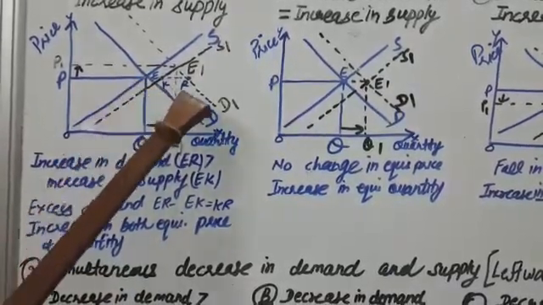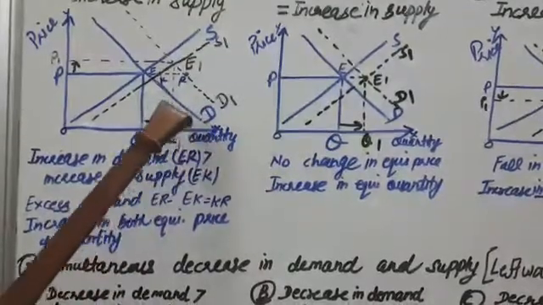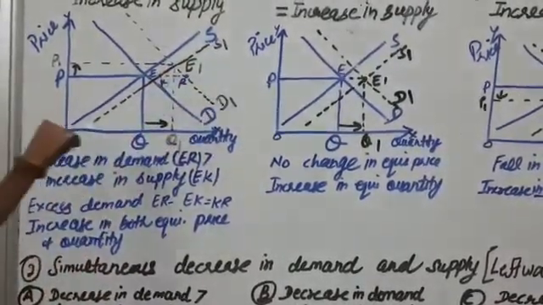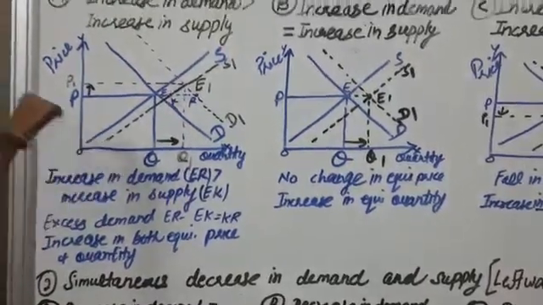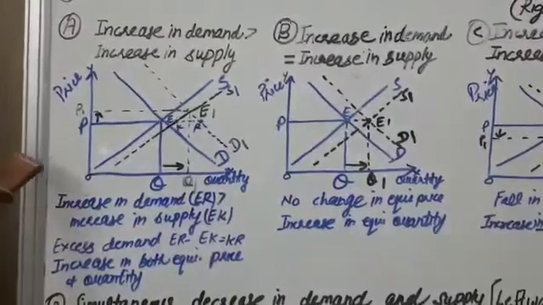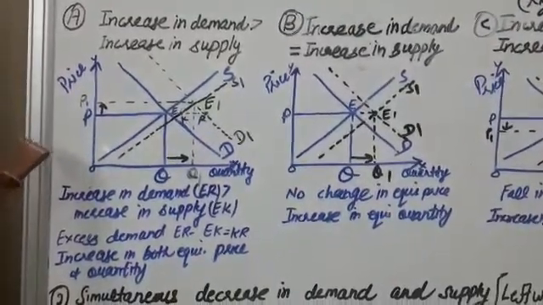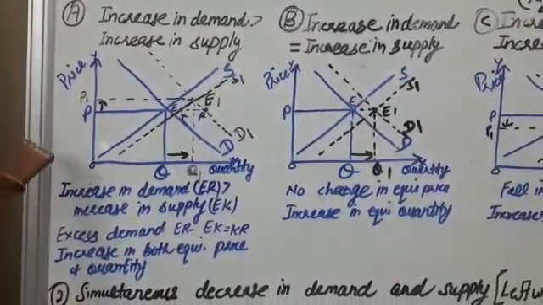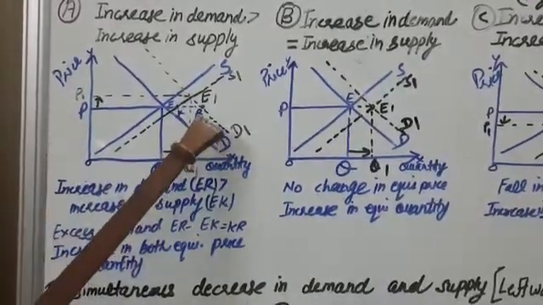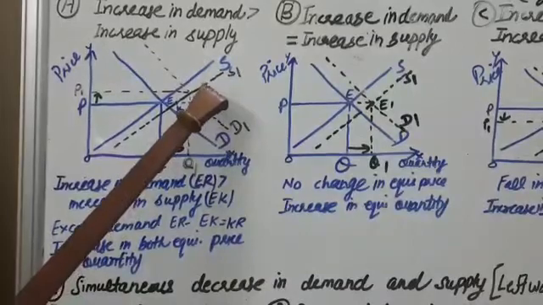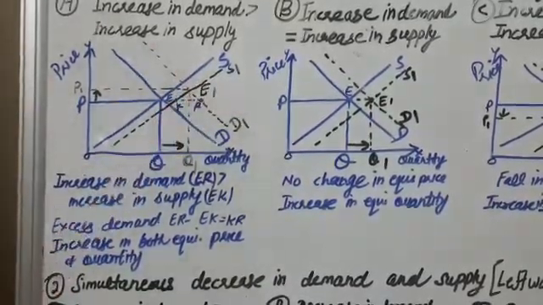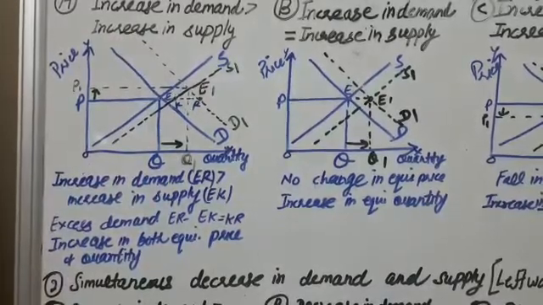Whereas excess demand is more than excess supply, which is equivalent to KR. So when there is excess demand, it is accompanied by rise in price. Increase in price leads to contraction in demand and expansion in supply. Ultimately, demand contracts from R to E1 and supply expands from K to E1 and new equilibrium is established.